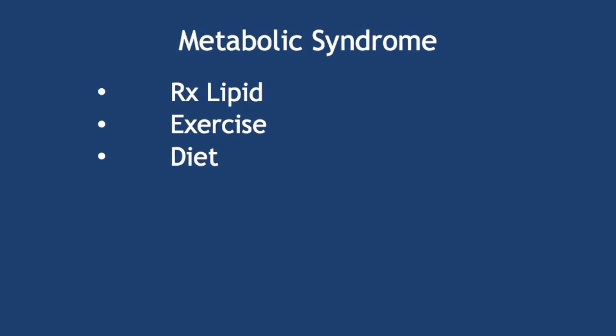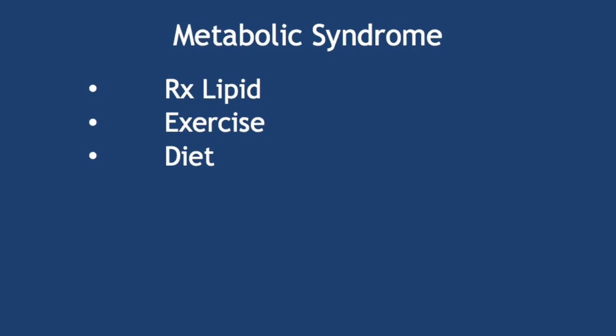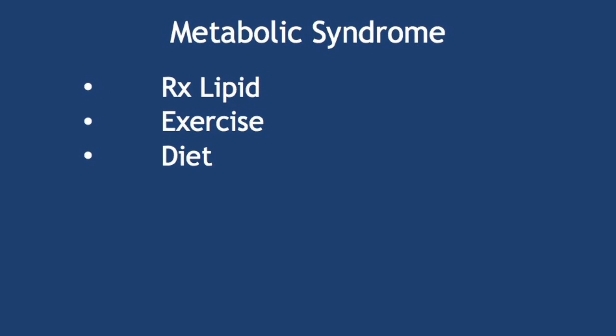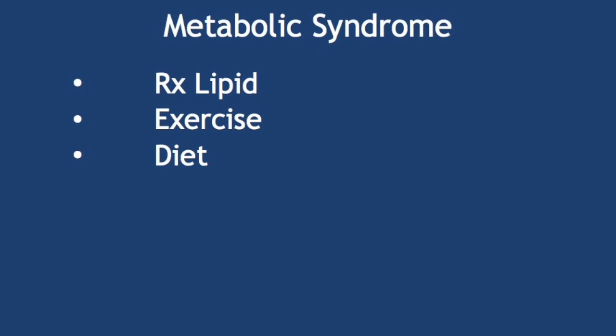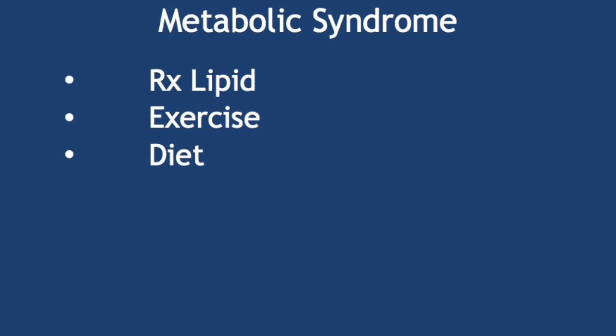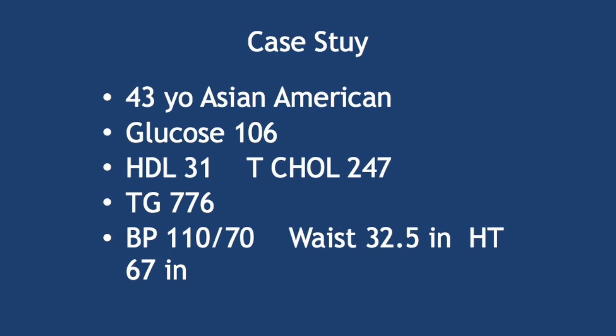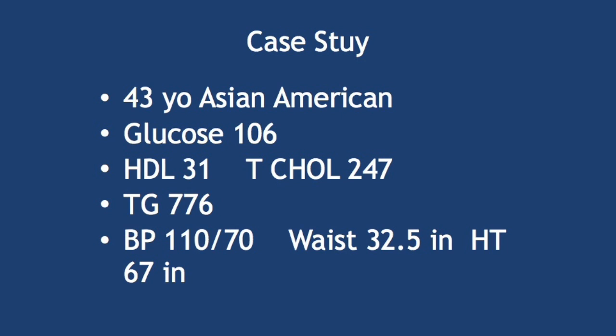If you have metabolic syndrome, it's important to think about treating the cholesterol and initiating exercise and diet early in the treatment. Let's look at another case of metabolic syndrome.